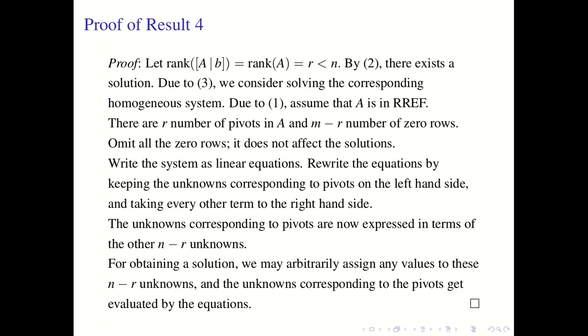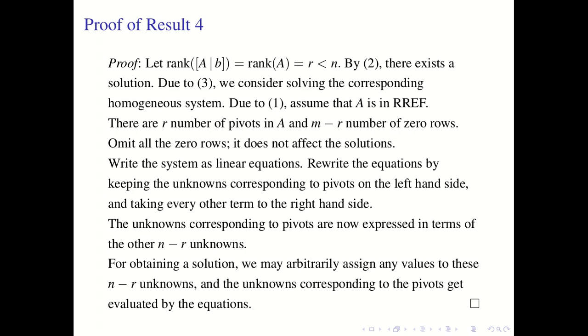Now move the non-pivotal variables to the right hand side and keep all the pivotal variables on the left hand side. So we will have the unknowns corresponding to the pivots on the left hand side expressed as some linear combination of n minus r unknowns, which are on the right hand side.